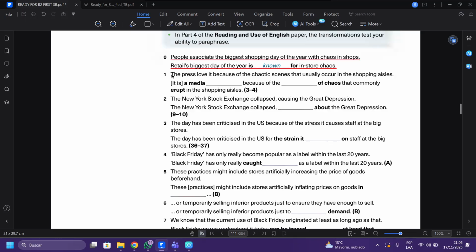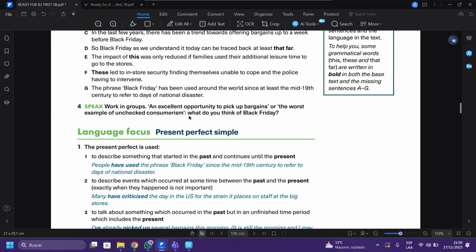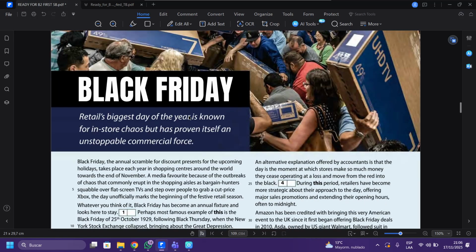Number 1. The press love it because of the chaotic scenes that usually occur in the shopping aisles. So it means that it is a media... What word do you think goes here? Remember that this short extract has been taken from the reading, Black Friday retail.